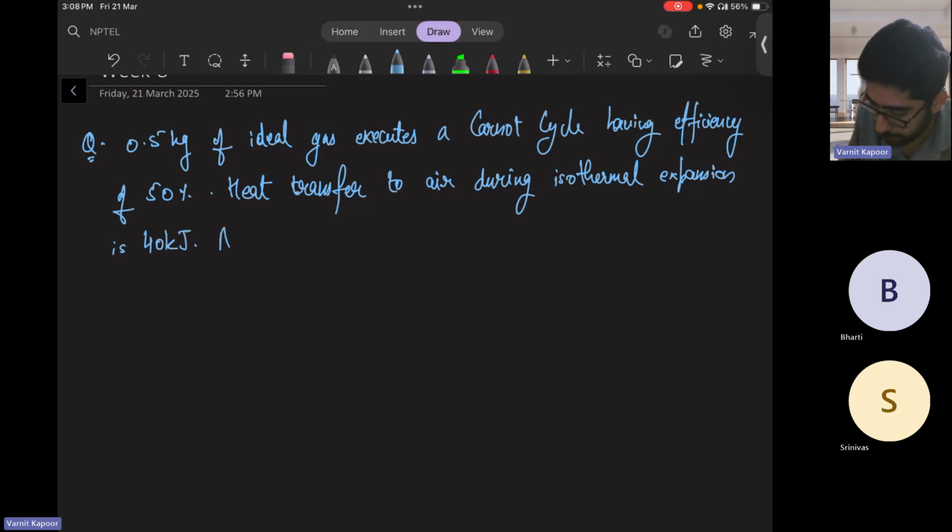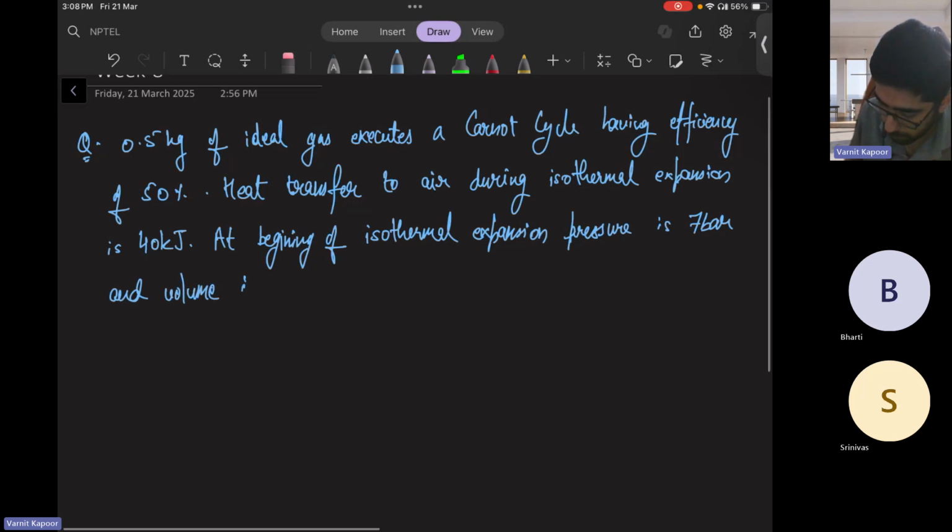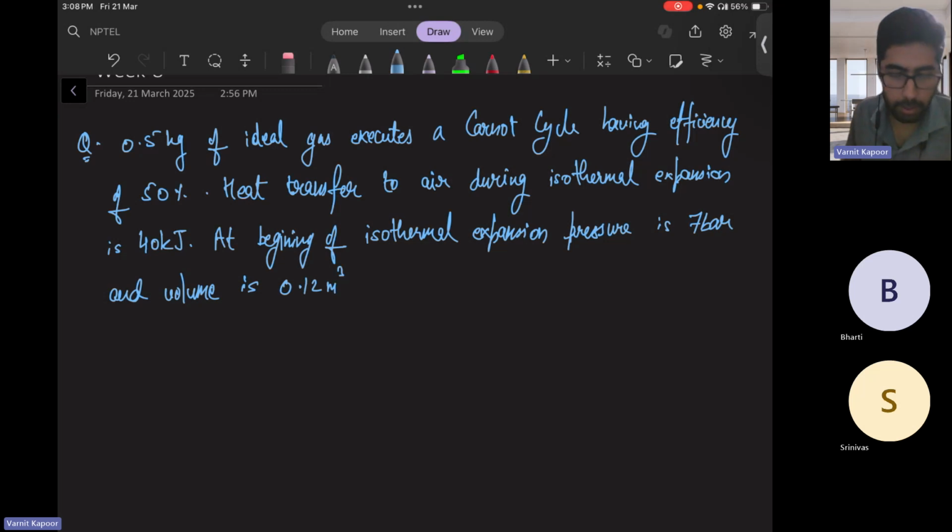At the beginning of isothermal expansion, pressure is 7 bar and volume is 0.12 meter cube.